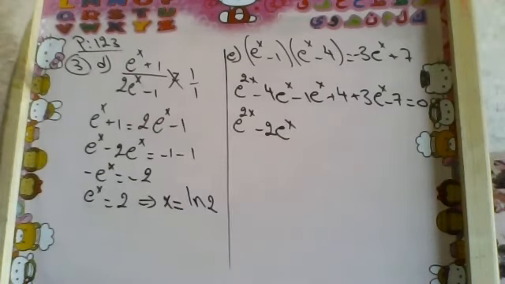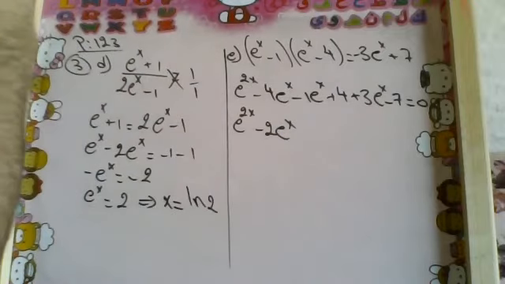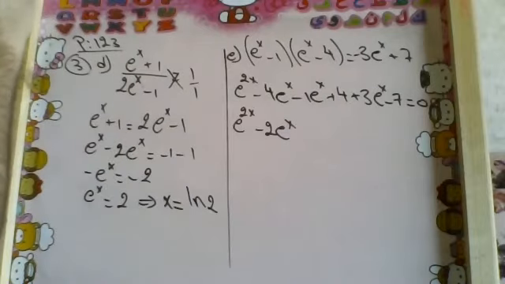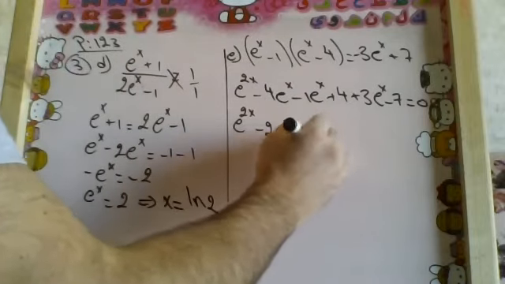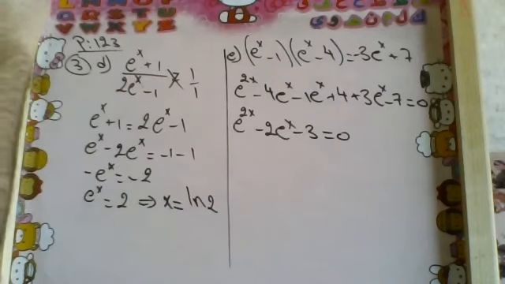And the constants: 4 minus 7 is minus 3, equals 0. Good.